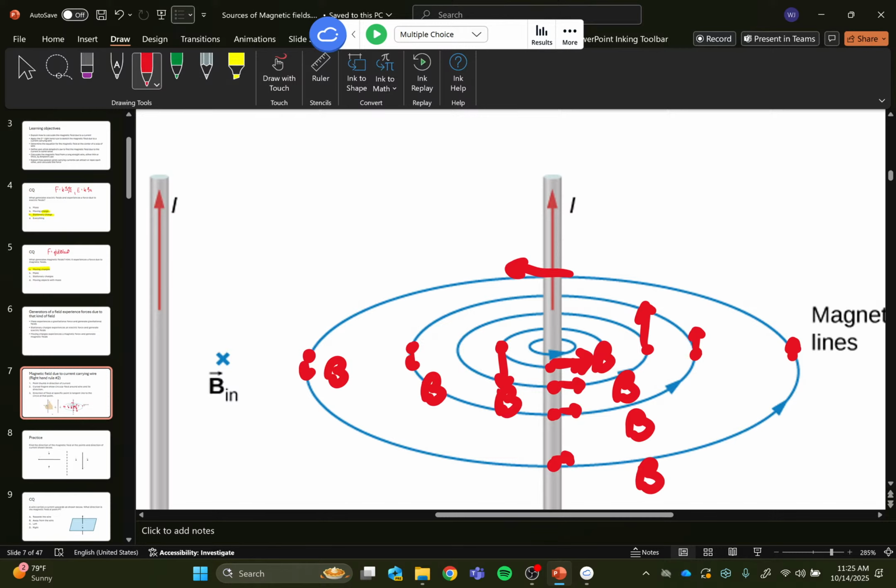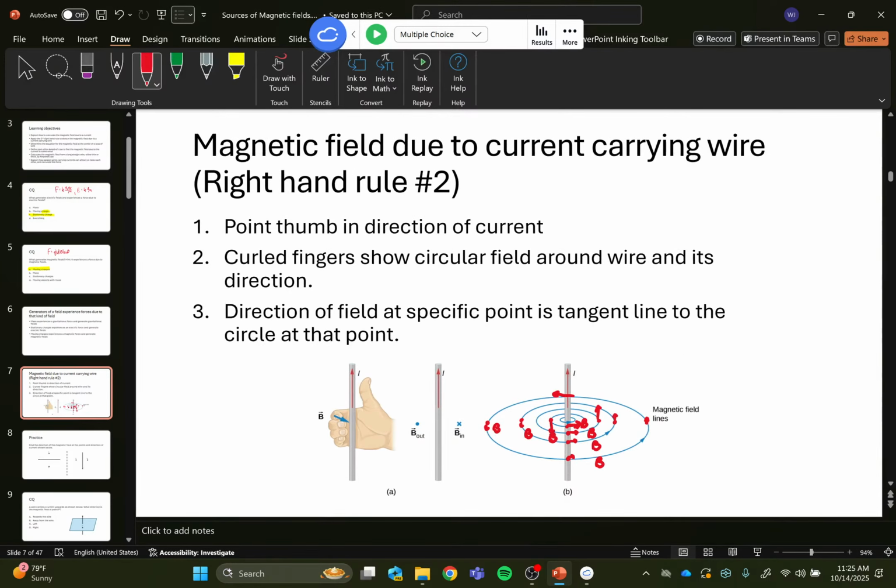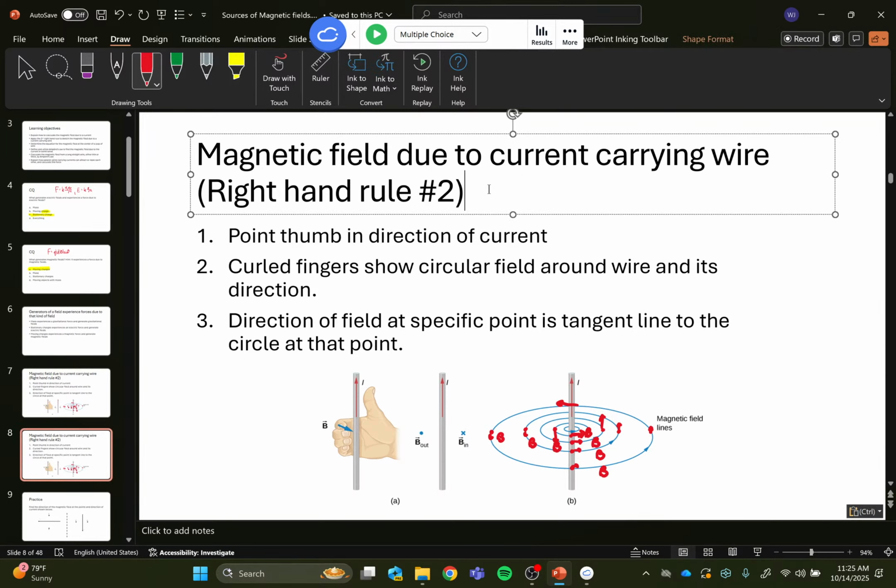The other way, I'll teach you all, and then we're going to practice this, is you point your thumb in the direction of current, you point your fingers to where you want to find the field, and your palm gives you the direction of the field. So this is the second way. This is option 1. I'm going to make option 2 real quick. Right-hand rule 2, option 2.